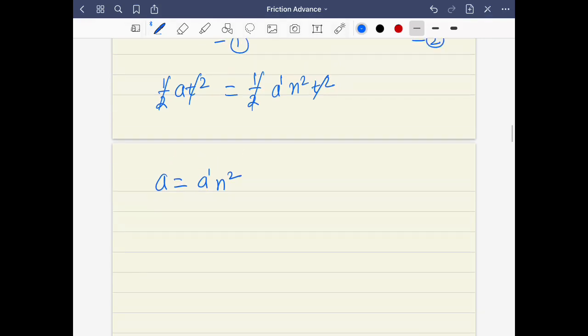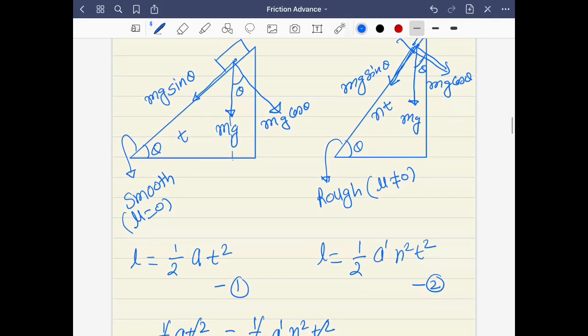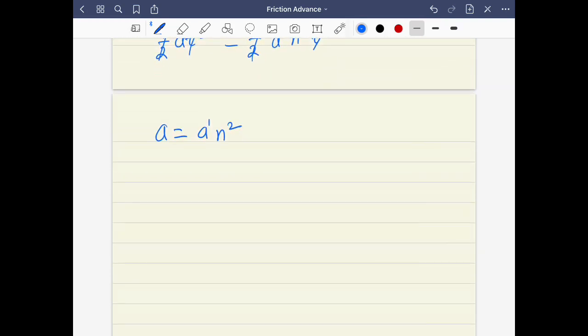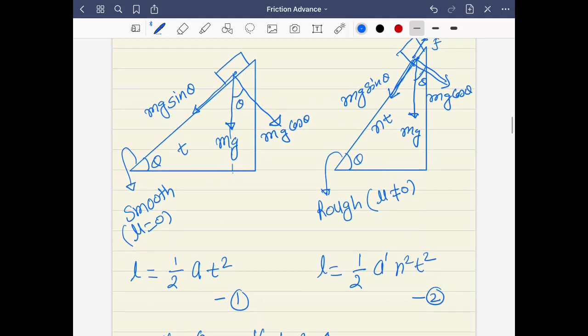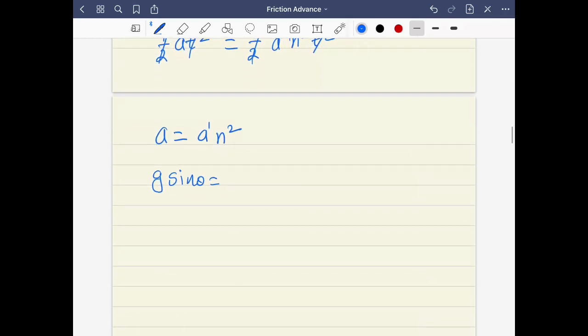What is A now? As you can see over here, A will be g sine theta in this case, which is equal to A dash. What is A dash? It will be mg sine theta minus mu mg cos theta, so that is g sine theta minus mu g cos theta, into n squared.